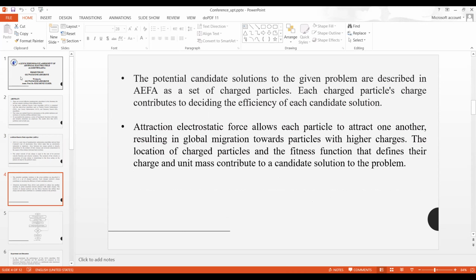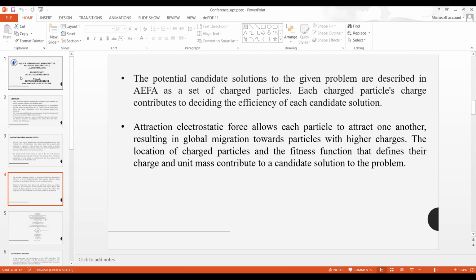For each potential candidate solution to a given problem, in our case a benchmark function, AEFA has a set of charged particles. Each charged particle contributes to the deciding efficiency of the candidate solution. So each candidate solution in AEFA is viewed as a charged particle.